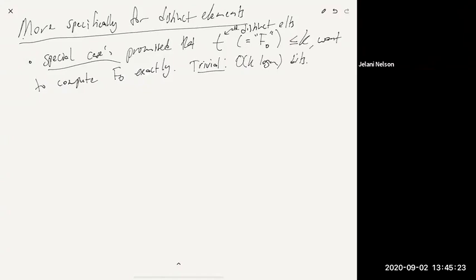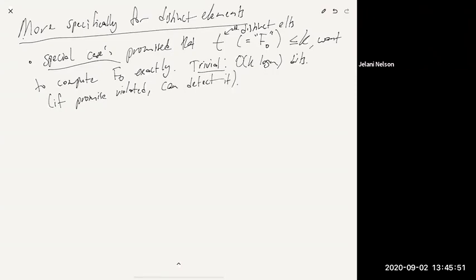Which is exactly what I said. You just remember all the distinct elements that you saw. If you see something that's not already stored in memory, you add it to what you're storing. And I should also mention that if the promise is violated, we can detect it in this case.